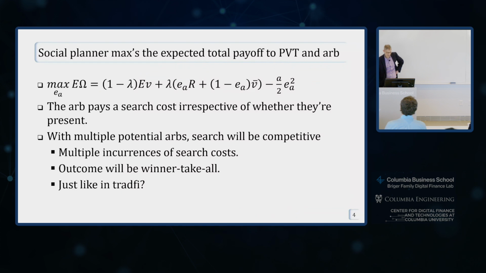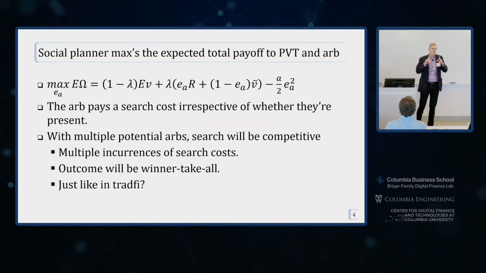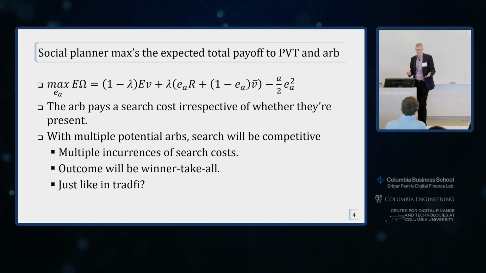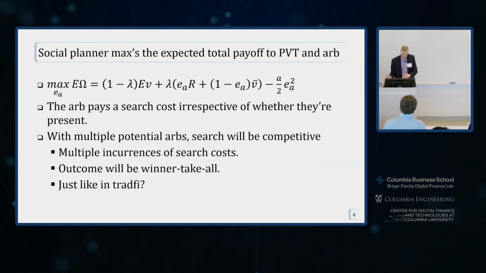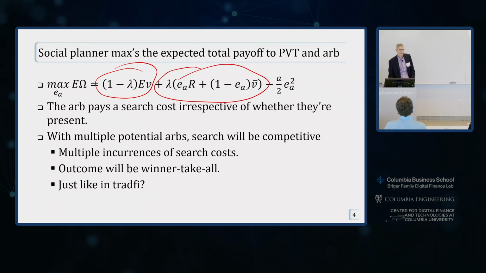A very important aspect of the analysis here is the optimization from the viewpoint of the social planner. We have components in this total payoff to society. Some of the components come from the private value traders, and some come from the arbitrageurs, and these payoffs are probability weighted.